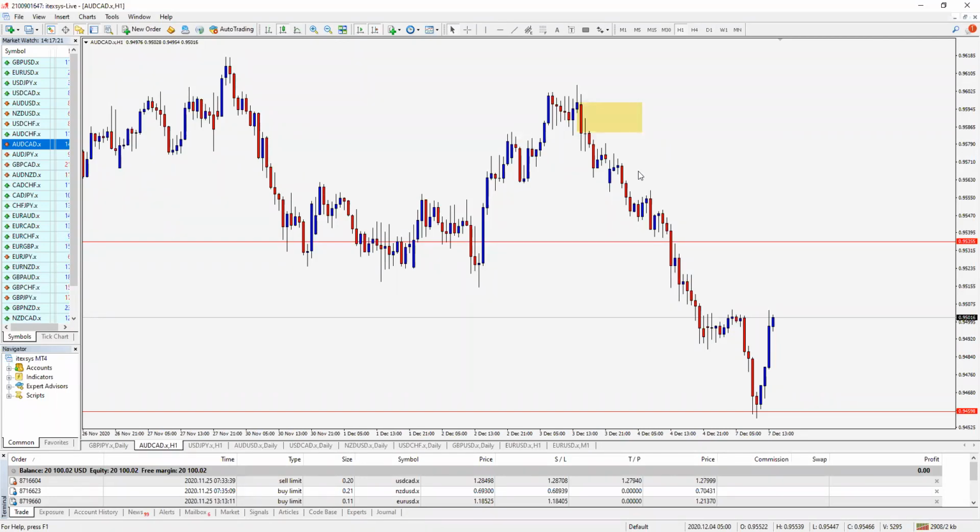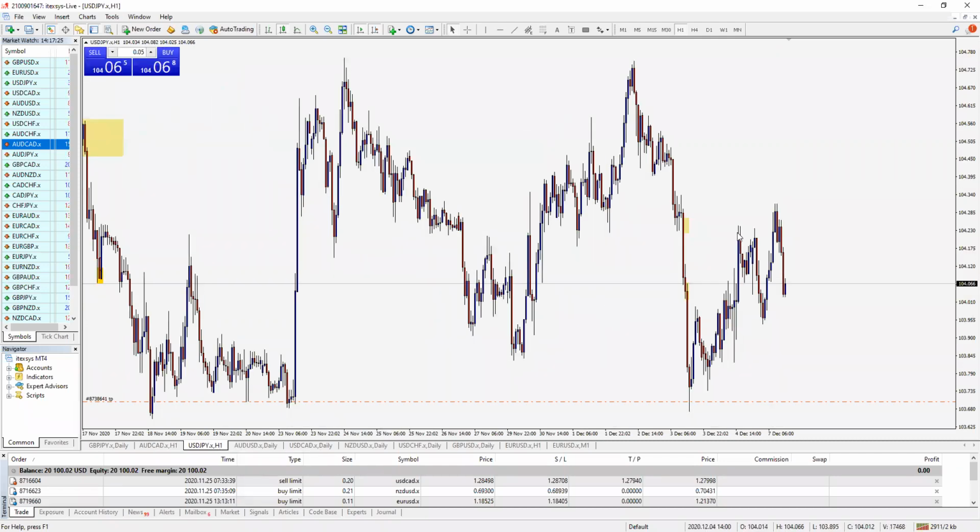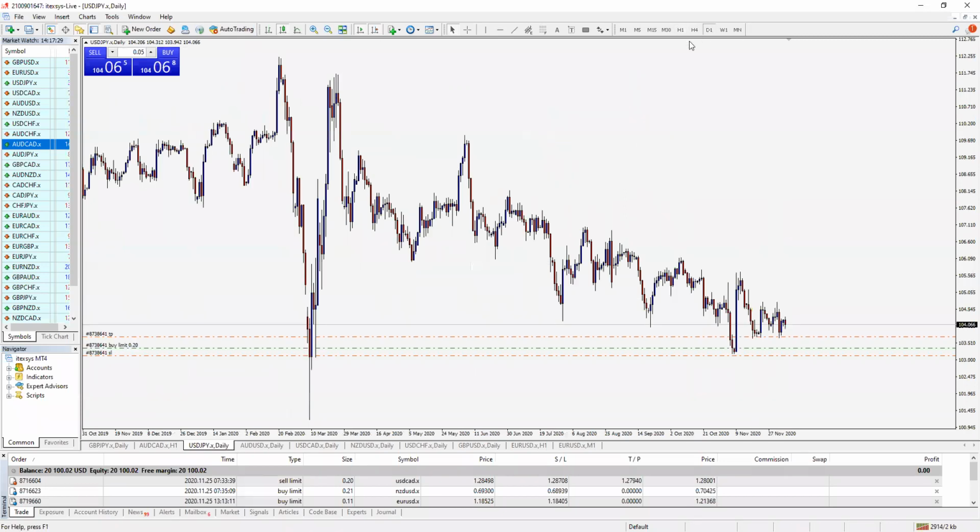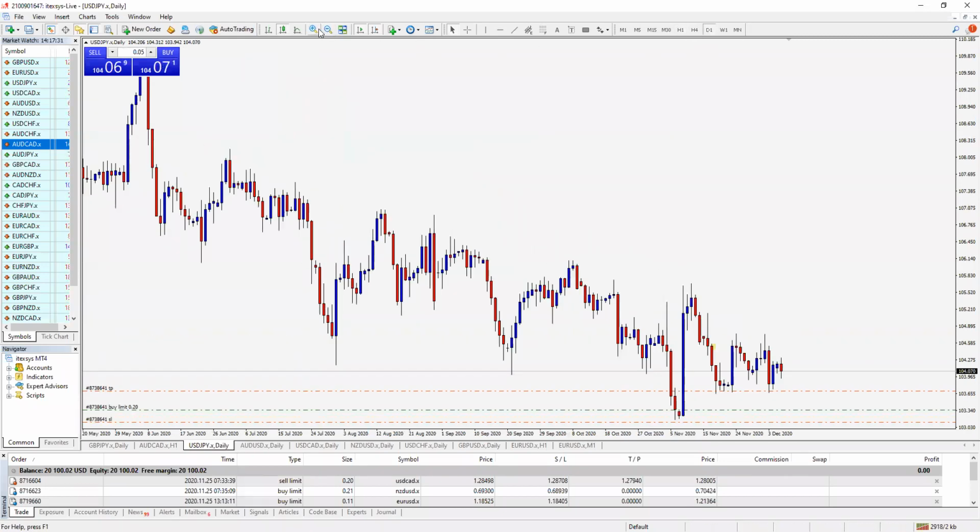Liam, you're short dollar yen. Okay, so you should be in profit. You can see how we're forming lower highs all the time.